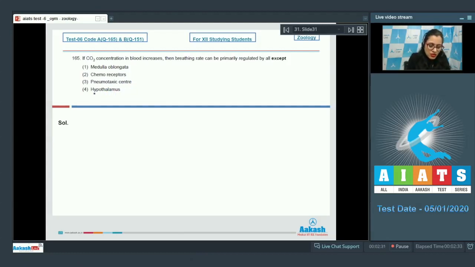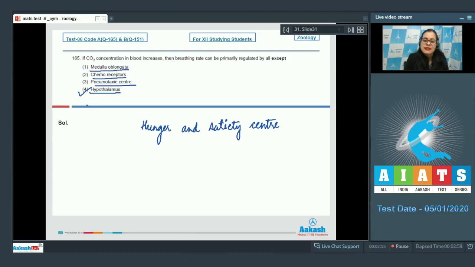And the correct answer is option number 4, hypothalamus, because hypothalamus is the hunger and satiety center, whereas medulla oblongata, chemoreceptors, and pneumotaxic center, they all are responsible for primarily regulating the breathing rate when there is increase in carbon dioxide concentration in blood.